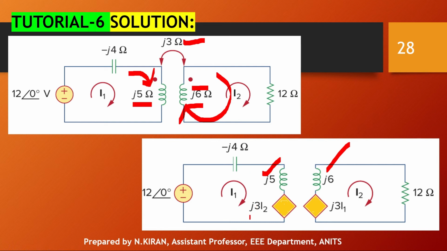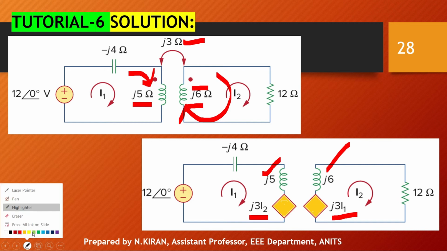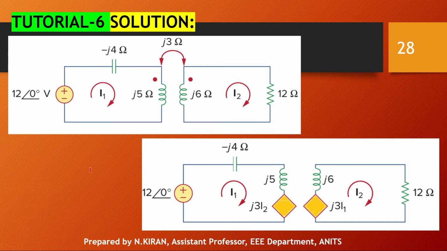So in the first coil it will be j3 into I2, and in the second coil it will be j3 into I1. The polarity of the mutually induced EMF can be found out by applying the concept of the dot rule. So in the first coil, I1 is entering at the dotted terminal of the first coil.